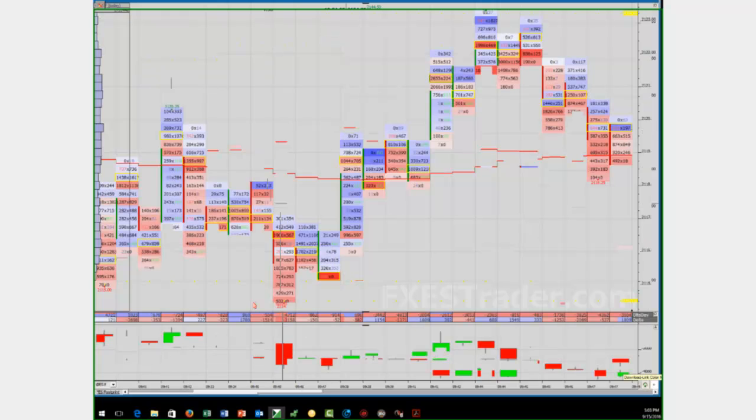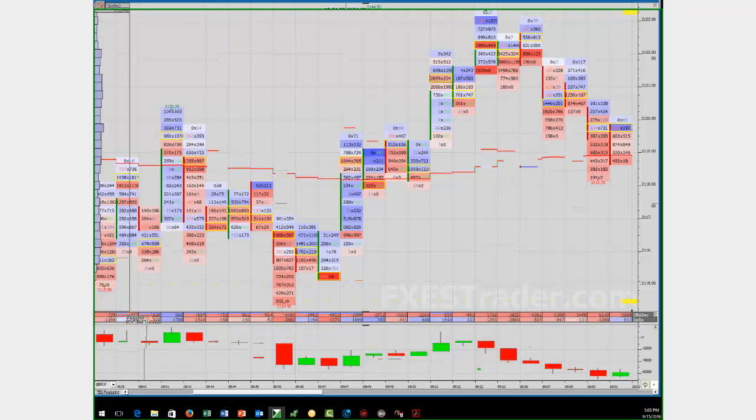I don't know if you're noticing this, but the delta for the day, which is this calculation right here, notice it changes with each bar moving forward. That gives you the delta for the day, and then down here at the bottom you have what's just called a delta reversal or up-down breakdown of volume.